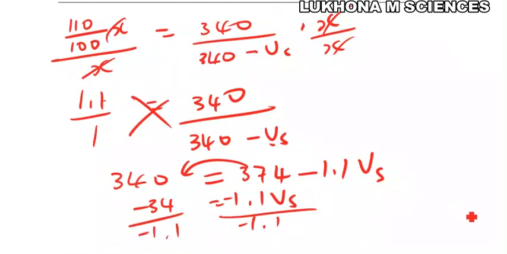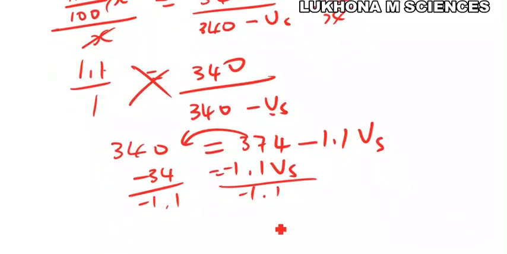Then Vs is equal to 30,91 meters per second. Then we're done. That is how we answer this question. That is the Doppler effect.